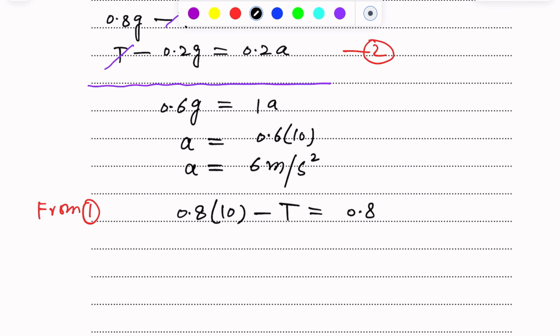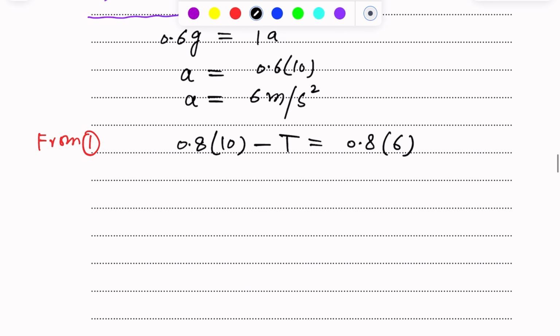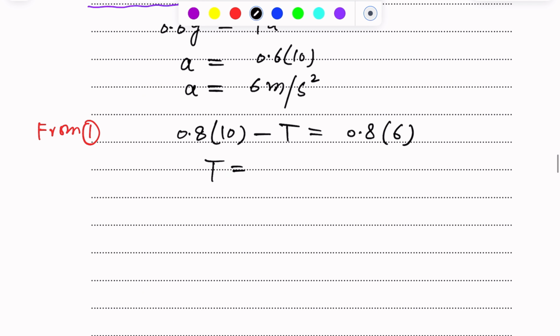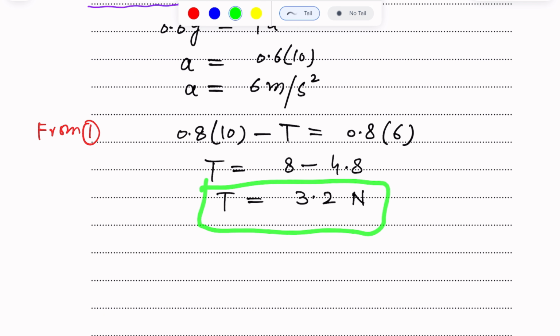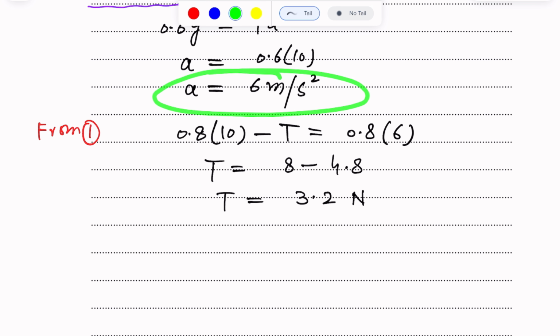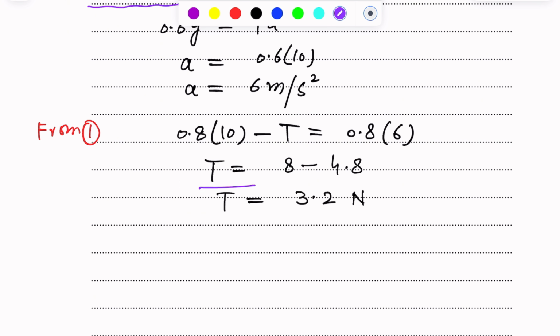M is 0.8 and a is 6. From here T will be 8 minus 4.8, that is 3.2 Newton. This is the answer. This is the tension in the string, and the acceleration is 6 meter per second square. These are the answers.